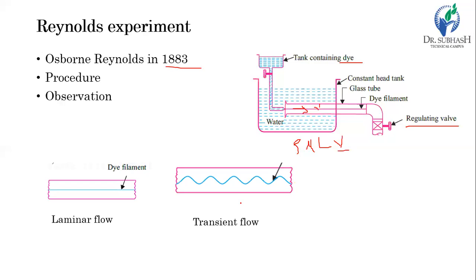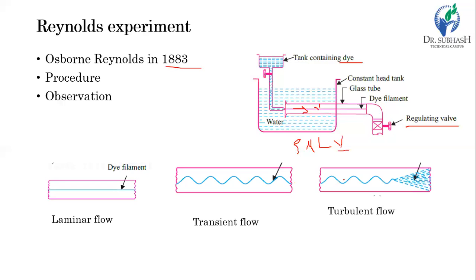And for some certain extreme velocity, he didn't get any line here, and the dye was completely destroyed and dissolved into the water.